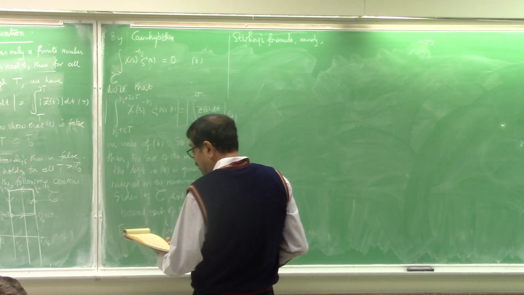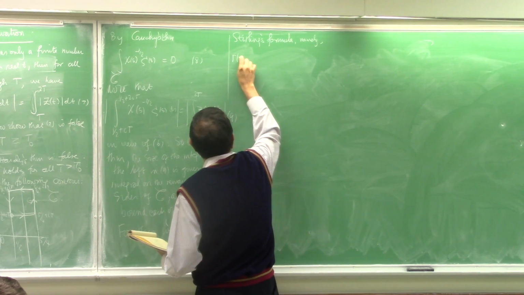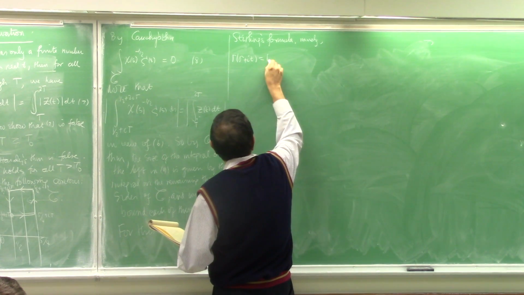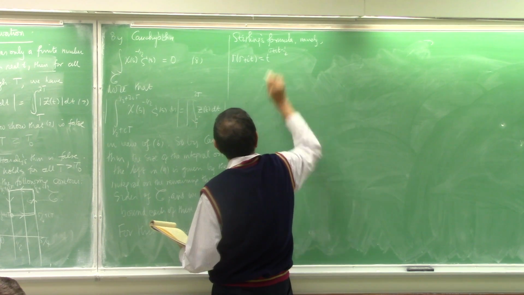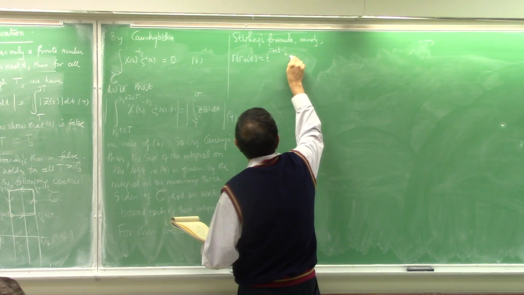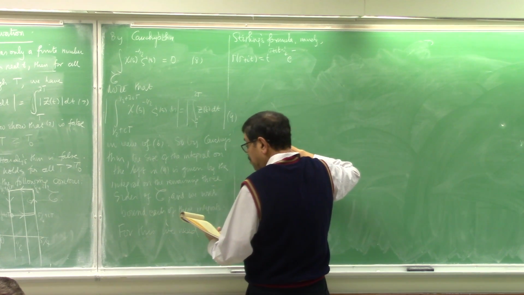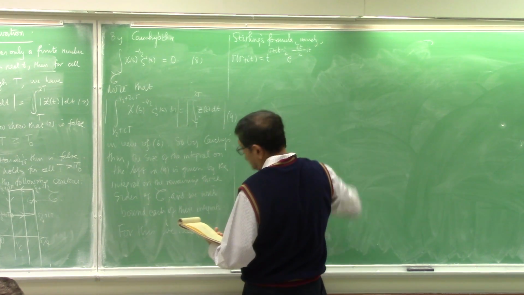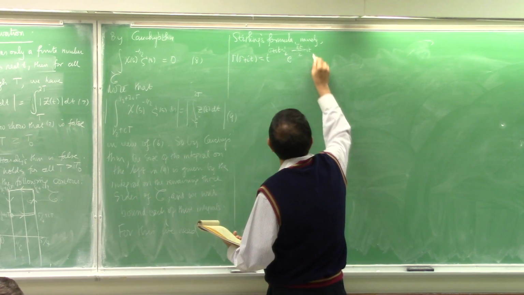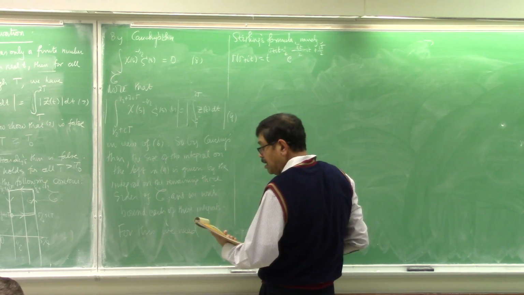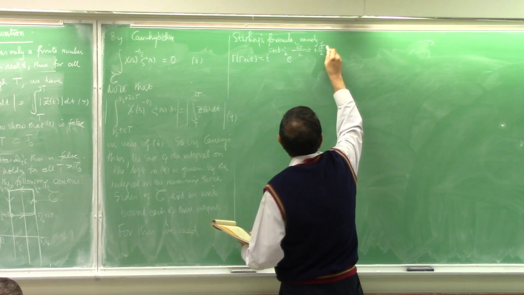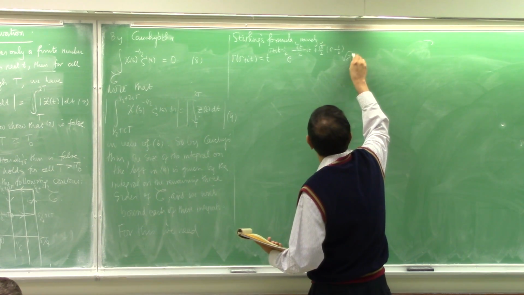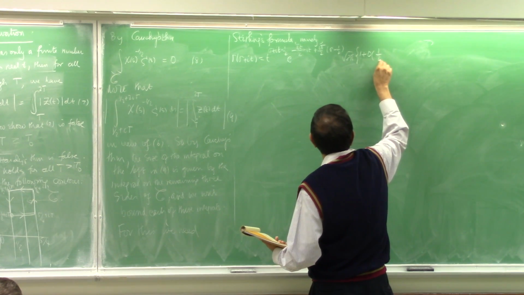So Stirling's formula is: gamma of sigma plus it is equal to t to the power sigma plus it minus half, times e to the power of minus pi t over 2 minus it plus i pi over 2 times sigma minus half, times the square root of 2 pi, that's the constant, times 1 plus capital O of 1 over t.